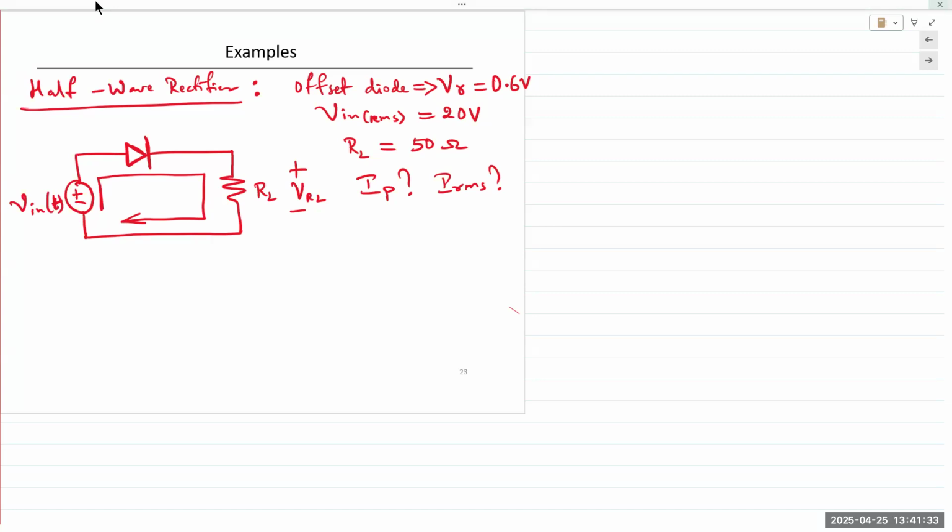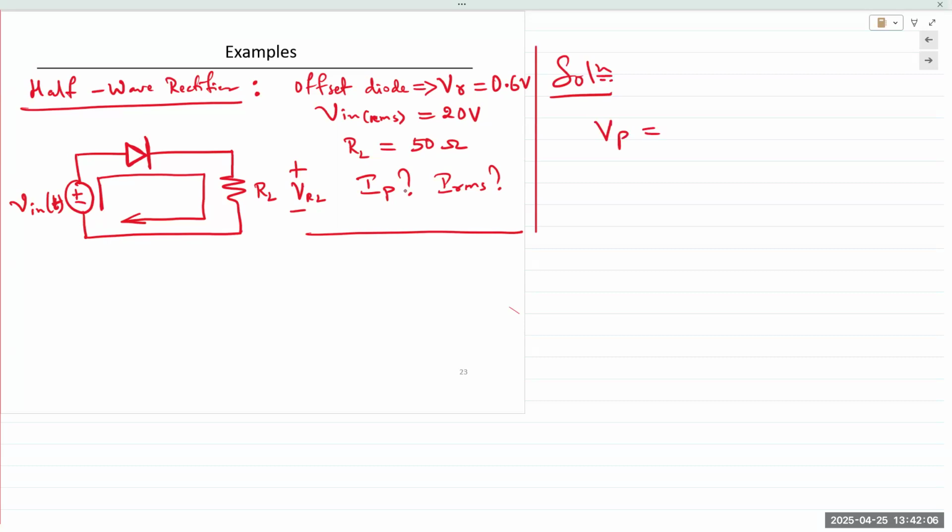Okay. All right. So let's first find the peak value of the input voltage, right? We're asked to determine the RMS value and the peak values. We can start either with the RMS as it is, or we can start with the peak. I'm just going to show you the peak, even though it's not required. So how to solve this? Let's find the peak value from the RMS.